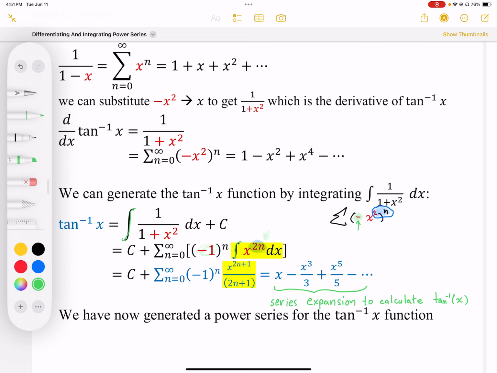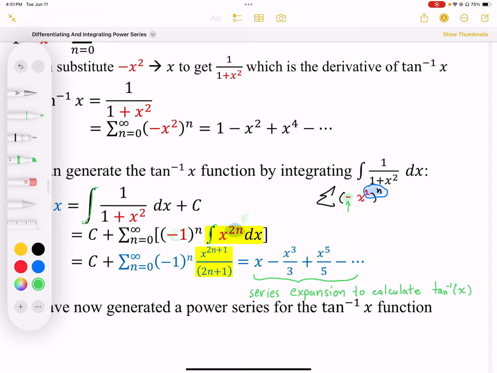Using the power rule, x to the 2n becomes x to the 2n plus 1, and I divide by 2n plus 1. That's what I've highlighted yellow here. That gives me this new function, negative 1 to the power n, x to the 2n plus 1 over 2n plus 1. That series then represents a series for arctan.